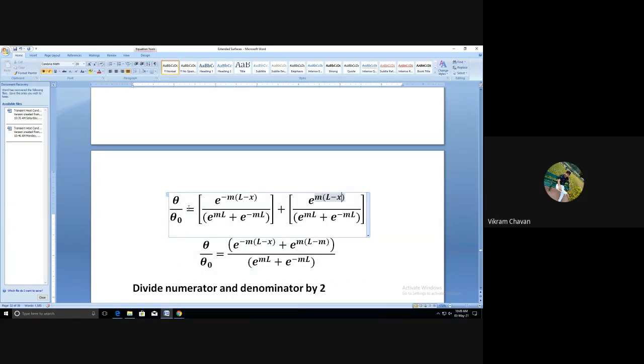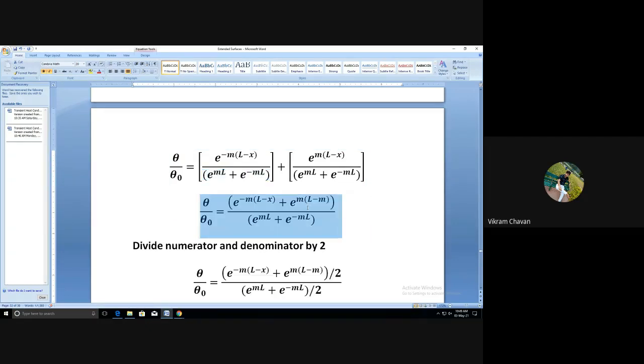Now, as we have discussed, the base is the same in both the terms, and the denominator is the same in both the terms, so we can perform the addition of numerator.